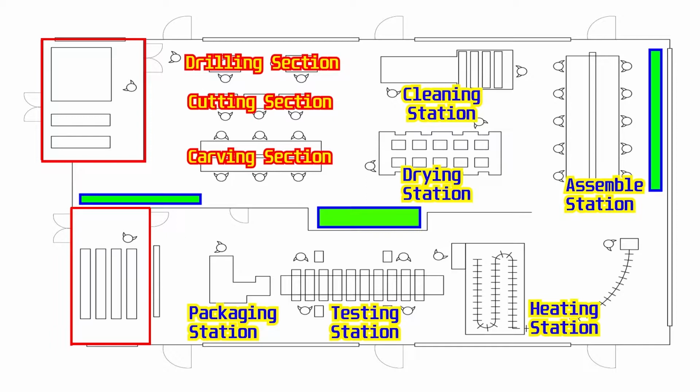For ventilation, we have windows along the wing of the manufacturing plant. These windows also aim to increase the lighting levels in the plant. We also have enough space for the workers to roam around and work in comfort.